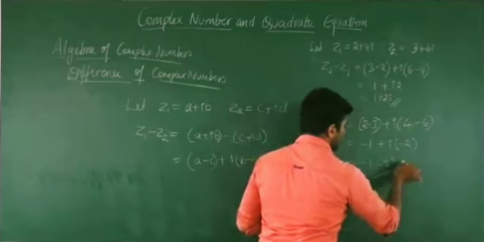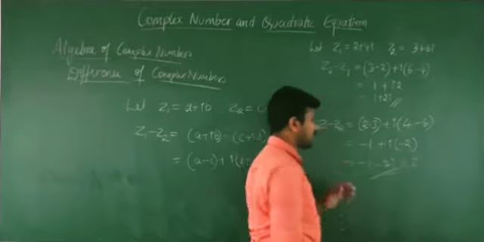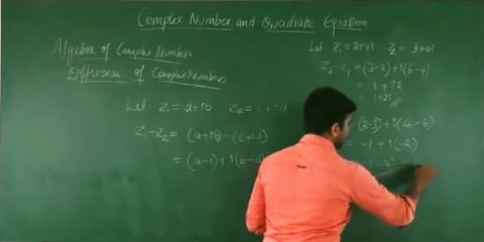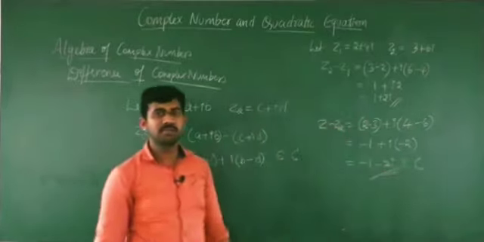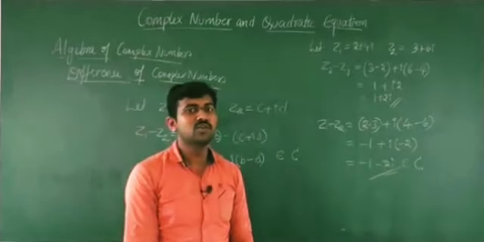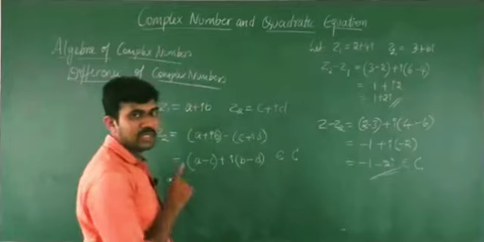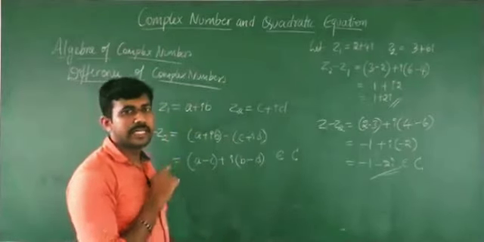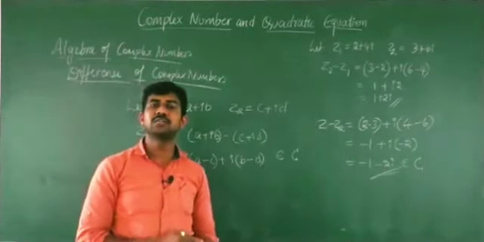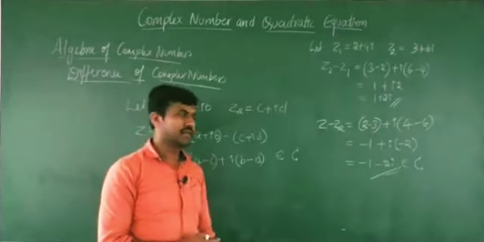Okay, the result obtained is clearly a complex number. So, like this we can subtract two complex numbers, okay. Now, I hope you understood this. We will move into the next operation, that is multiplication of two complex numbers, okay.